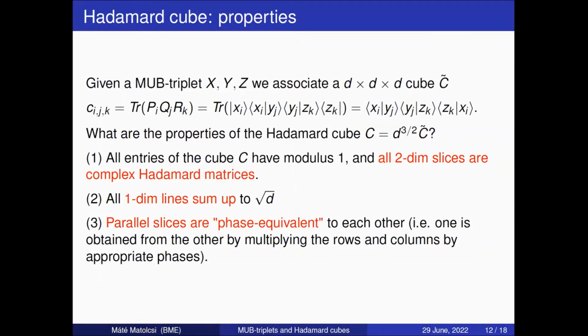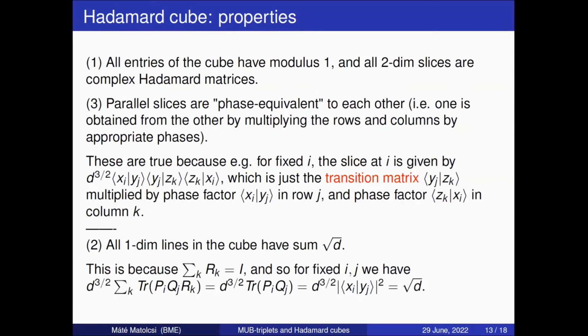So these are the nice properties, and actually I wanted to convince you that this is true. Why is this true? All of them have modulus 1. This was obvious. And if you fix one index, so you take a slice, let's say you fix i, and you run with j and k, then what happens?